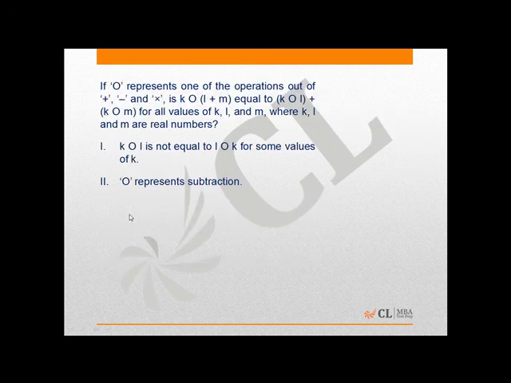If O represents one of the operations out of plus, minus and multiplication, is K O (L + M) equal to K O L plus K O M for all values of K, L, M, where K, L, M are real numbers?